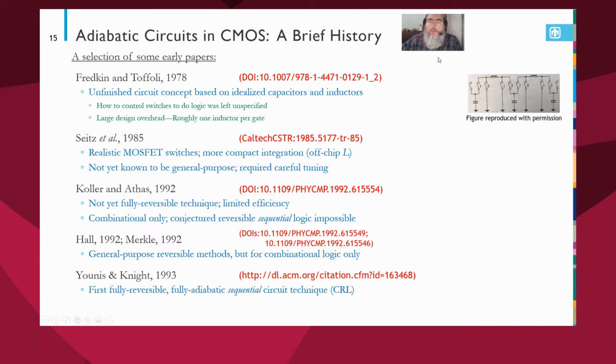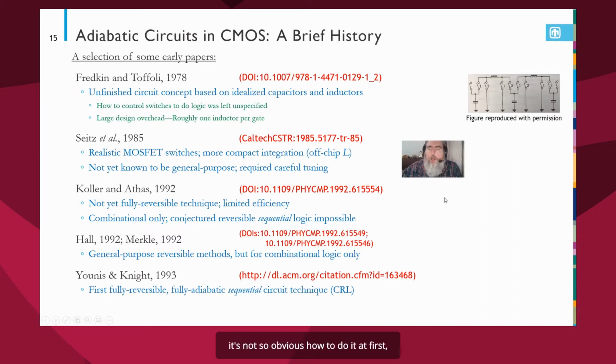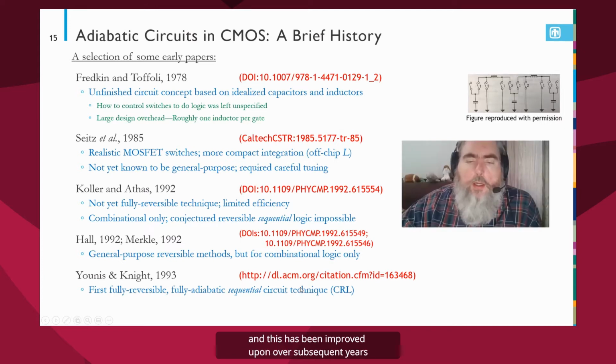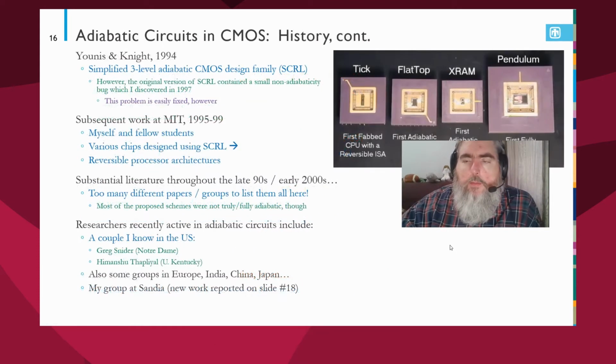And you know, this is something, it's not so obvious how to do at first, and so this was a nice innovation, and this has been improved upon over subsequent years at a gradual pace.